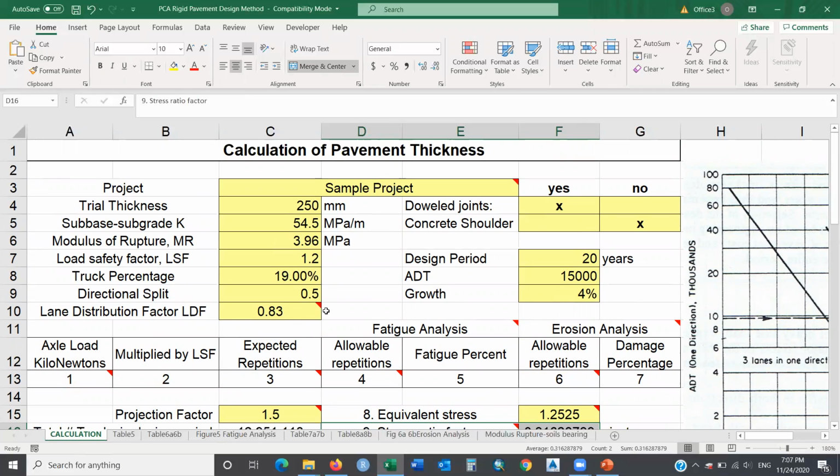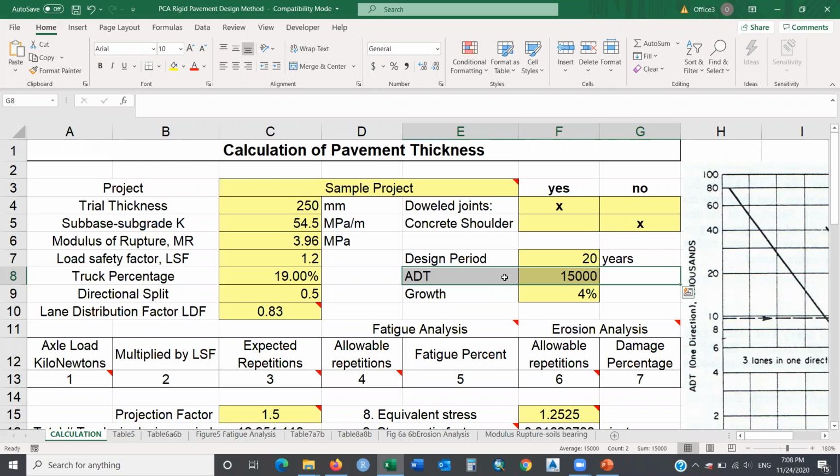What happens if you have a road that is new, doesn't exist? From where do you get this 15,000? From models, or you take it from roads that are close to the existing, to the one you want to create?